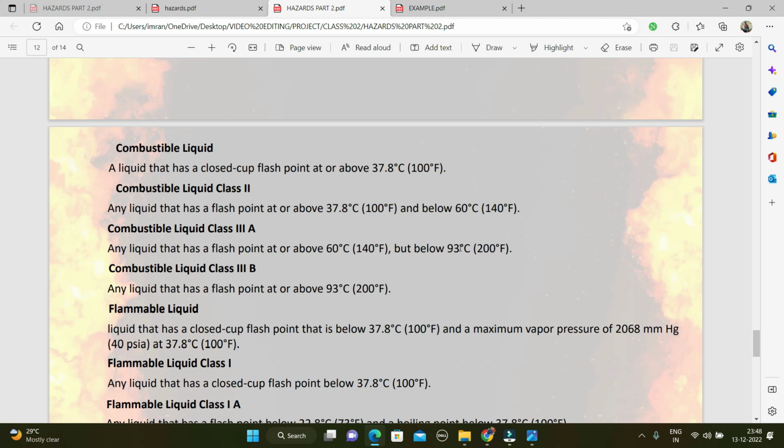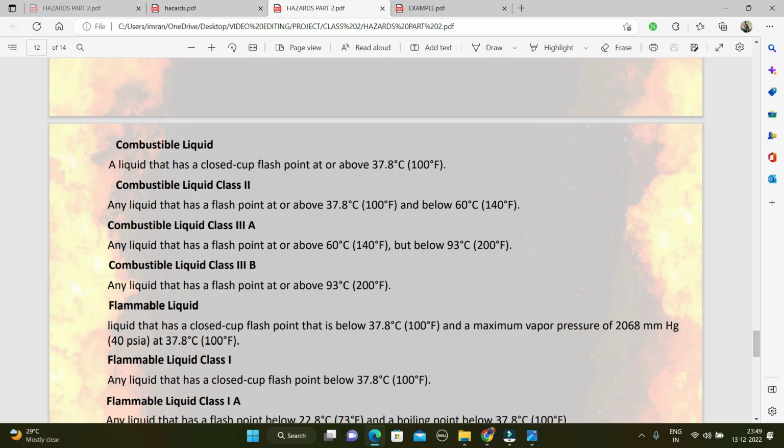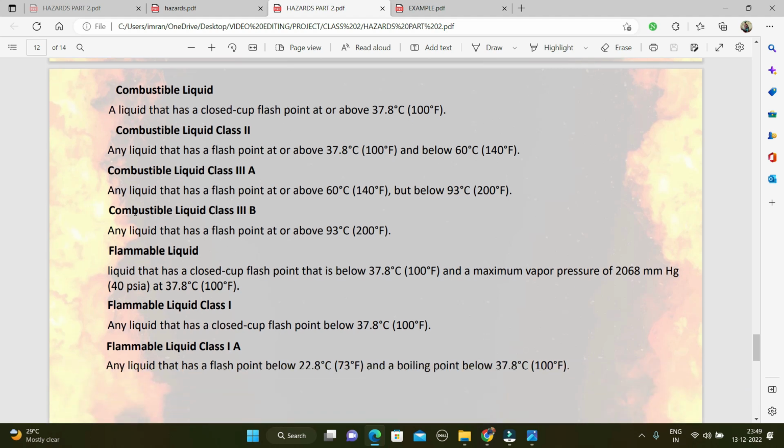Above 60 degrees Celsius and below 93 degrees Celsius will be considered a combustible liquid class 3A. Similarly, if the flash point is above 93 degrees Celsius, it will be considered combustible liquid class 3B.